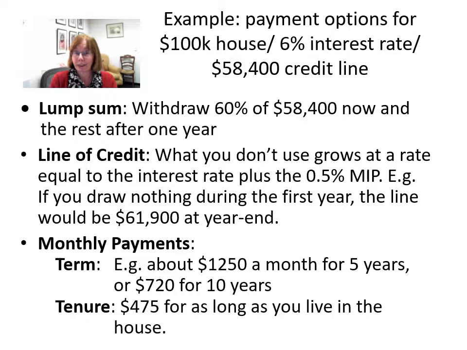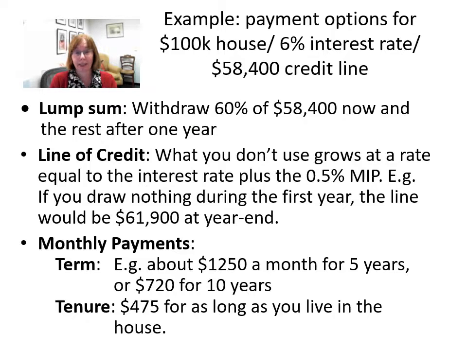So a reminder, that's not 60% of the value of the house in the first year, it's 60% of the loan in the first year. And then we have the line of credit option, which is very interesting, as I mentioned, because if you don't use it, then the line goes up by a certain amount.